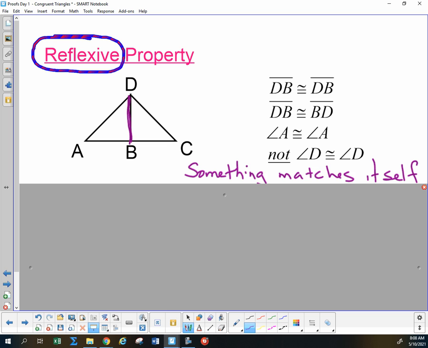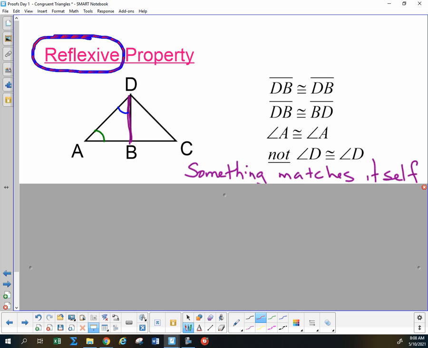I can also say in here that angle A in the triangle on the left, ABD, is the same as angle A in triangle ACD, although those triangles aren't particularly congruent, but A is the same as itself. However, in this one, I cannot say D is congruent to D, because I have 3 different angles at angle D. I have this one that I'll mark in blue, angle ADB.